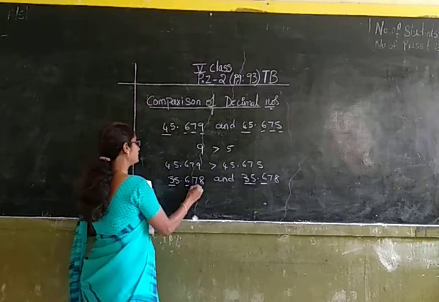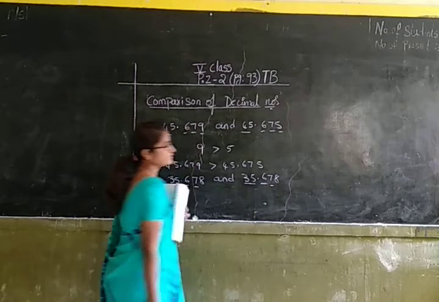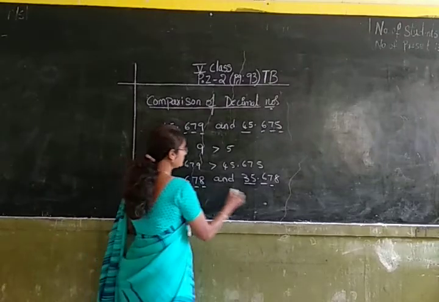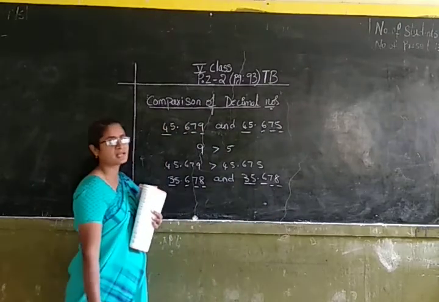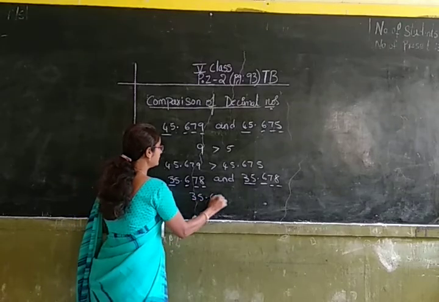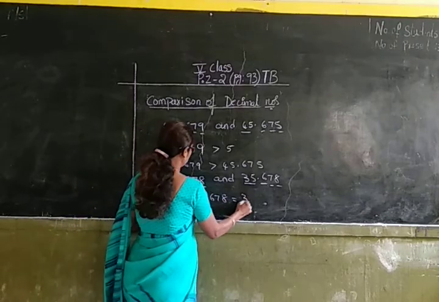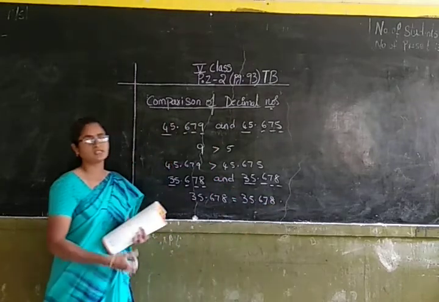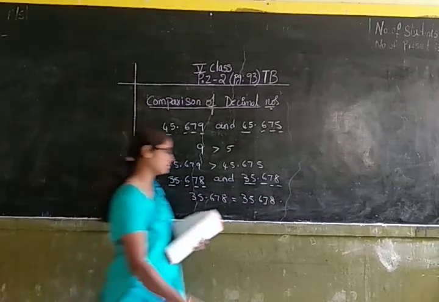So let us compare the hundreds place. In the hundreds place also, both the numbers are having same numbers. In the thousands place also, both the numbers are having same numbers. Which means we can say that 35.678 is equal to 35.678. Okay children, this is the way of comparing the decimal numbers.